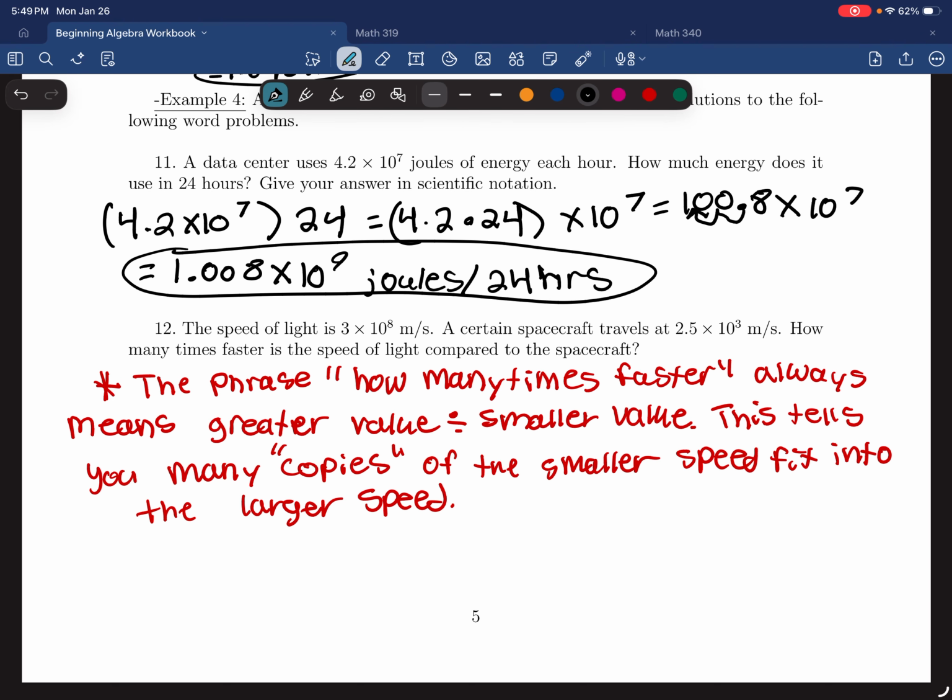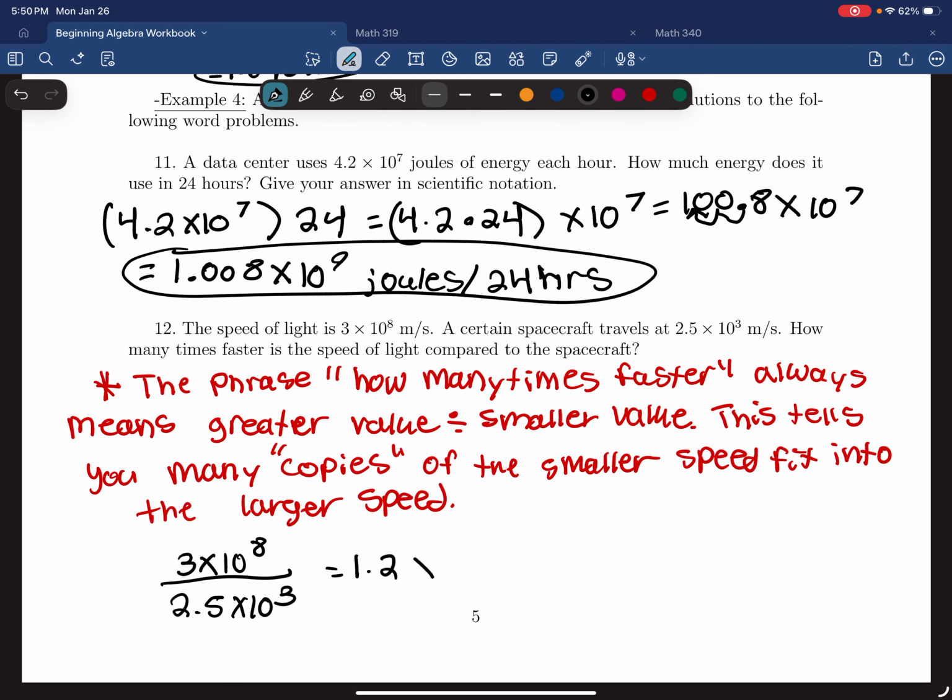Okay. So now that I wrote that, we know we're going to divide these two numbers. Now ask yourself, which number is larger, 3 times 10 to the 8th or 2.5 times 10 to the 3rd? Well, because 8 is larger than 3, 3 times 10 to the 8th is our larger number. And then we're going to divide that by 2.5 times 10 to the 3rd. Well, 3 divided by 2.5 is 1.2.